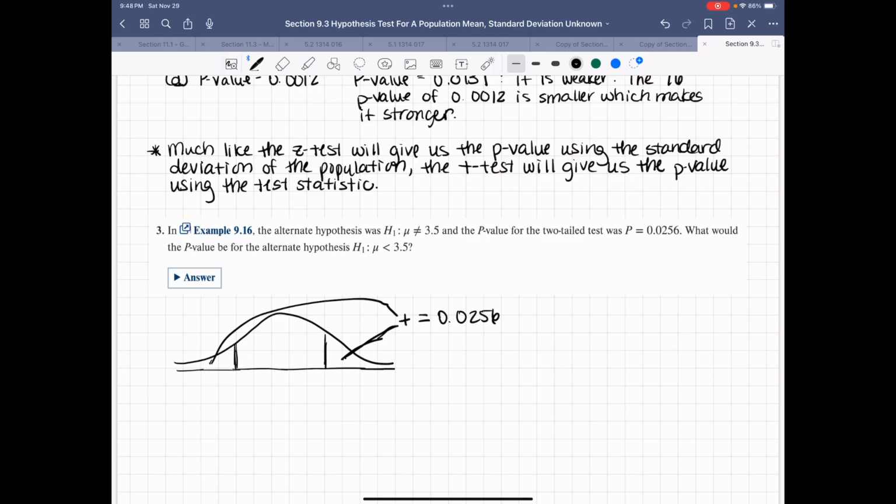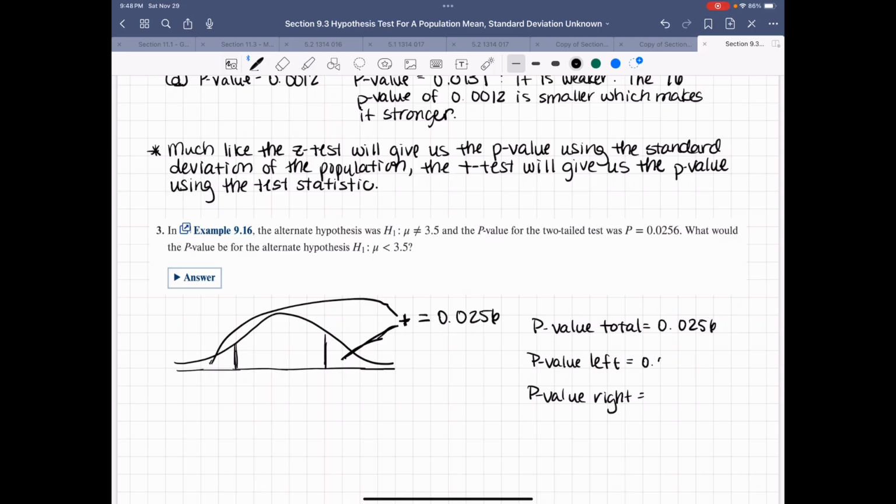So if the p-value total equaled 0.0256, then the p-value to the left and the p-value to the right would each be half of that.